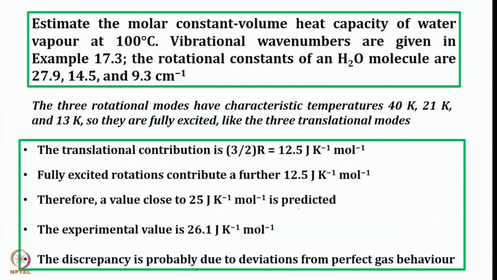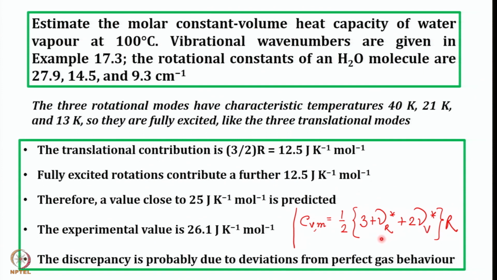We are using this expression, CVM is equal to 1 by 2 times (3 plus nu R star plus 2 nu V star) into R. As we just discussed, vibrations are not active at that temperature, so the vibrational contribution will be 0, nu V star is equal to 0.